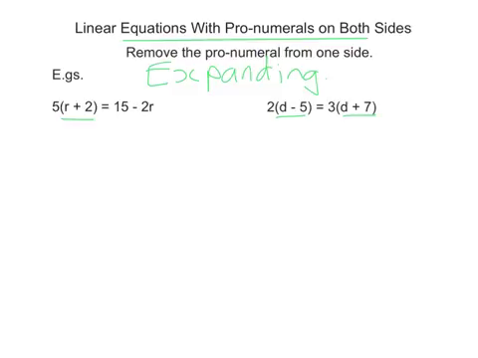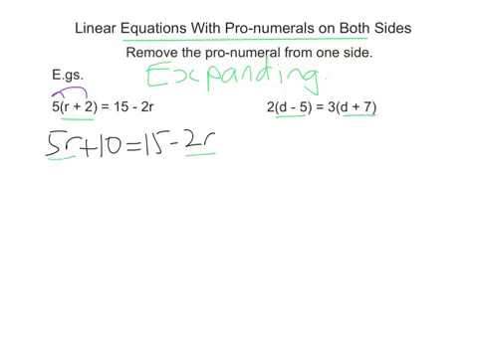If I expand, I need to multiply 5 times r and 5 times 2. So 5 times r is 5r, 5 times plus 2 is plus 10, and on the other side I've got 15 minus 2r. This question now looks like the previous examples, and I've got r's on both sides.